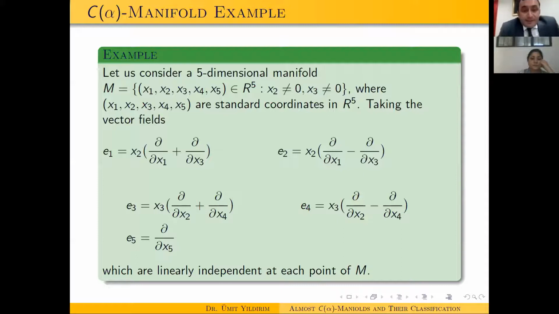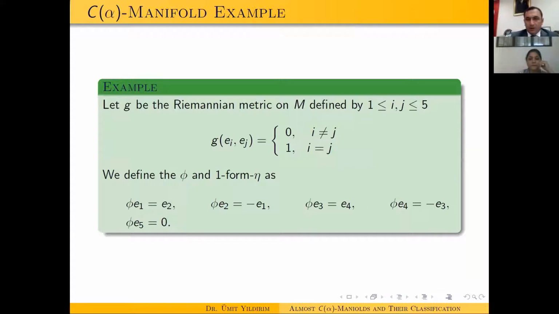Here is a C alpha manifold example. Let us consider a 5-dimensional manifold M equal to the set of (x1, x2, x3, x4, x5) in R^5, where x2 not equal 0 and x3 not equal 0, with standard coordinates in R^5, taking the vectors e1, e2, e3, e4, e5. Here e5 is xi, orthogonal to the others.